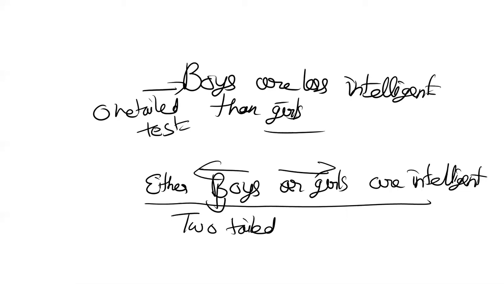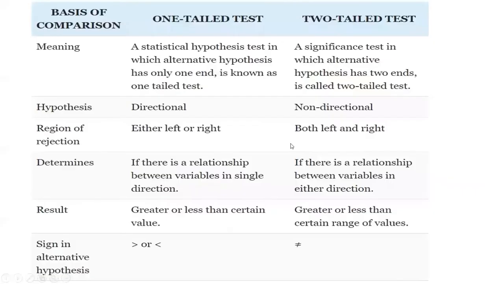In the one-tail case, it is specifically mentioned that boys are less intelligent than girls. The fact is just the opposite. Jokes apart, I hope with this example you won't get confused between one-tail and two-tail tests. Let's move.